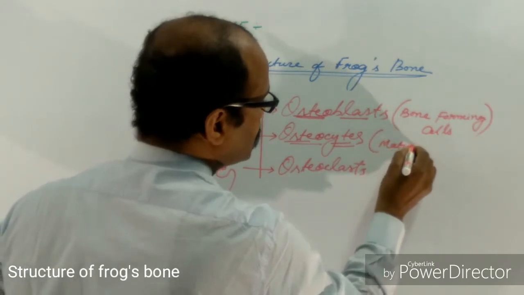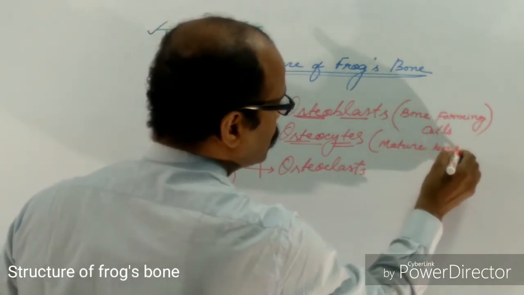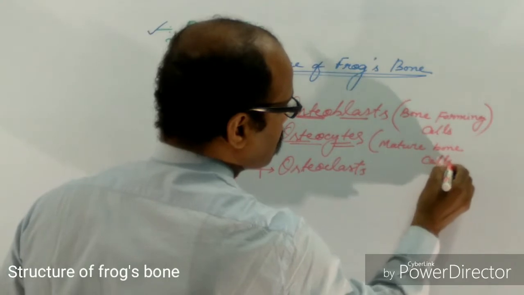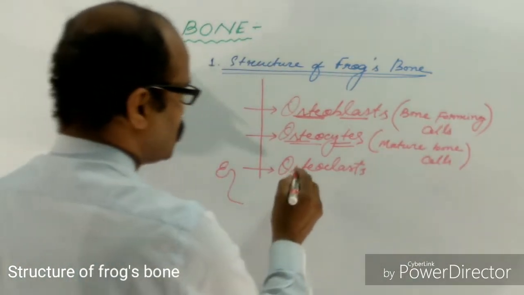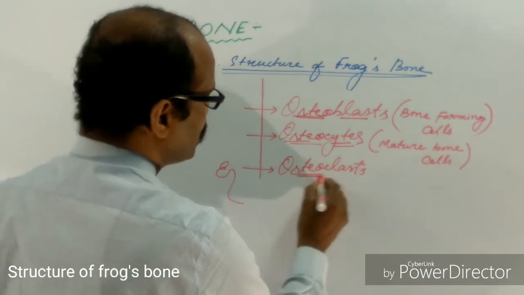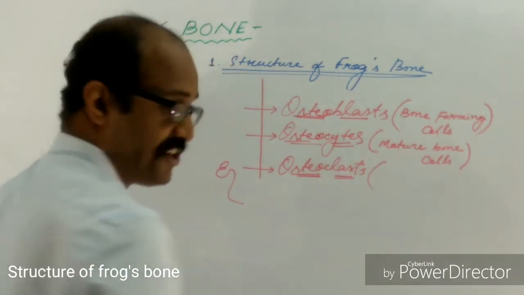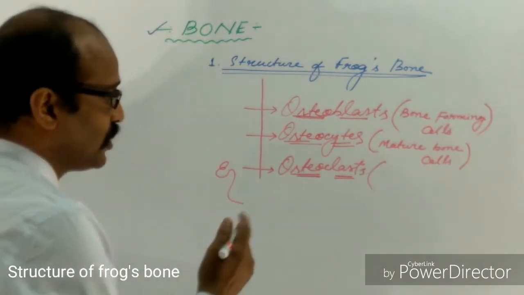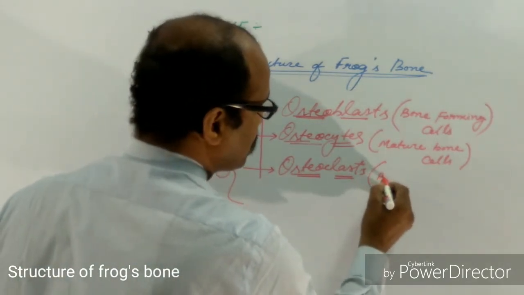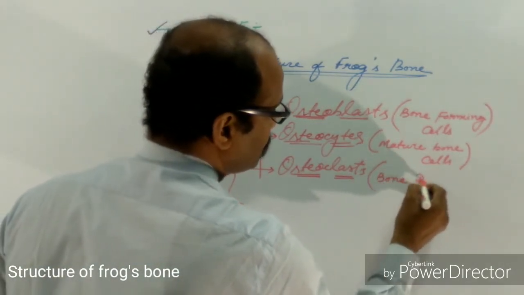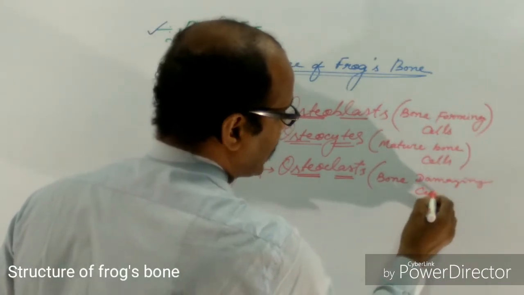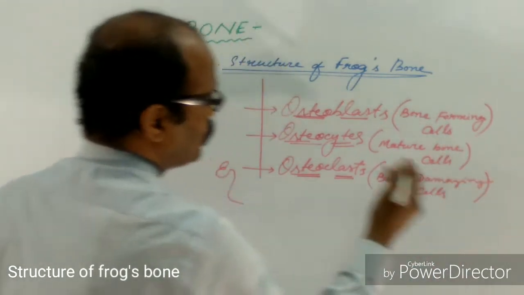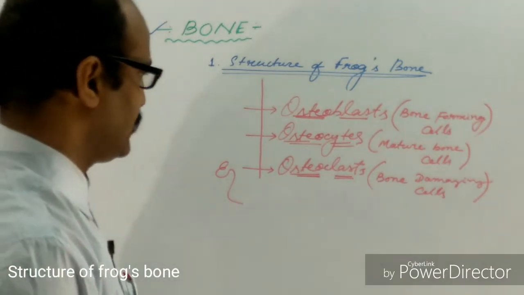This is the mature bone cell. And osteoclast, osteo means bone, and clast means damaging, this is the bone damaging cell. So three types of cells are there.